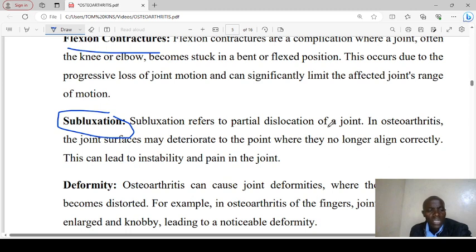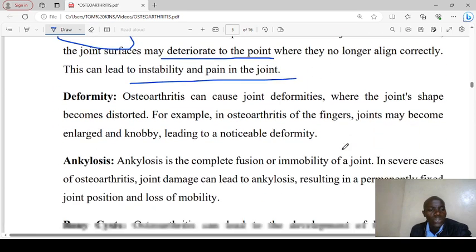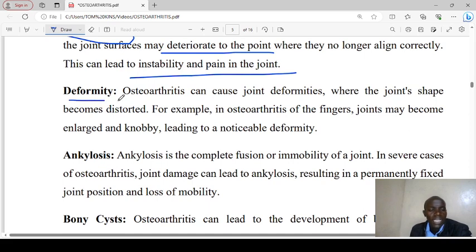In osteoarthritis, the joint surfaces may deteriorate to the point where they no longer align correctly. This can lead to instability and pain in the joint. We also have deformity, and osteoarthritis can cause joint deformities where the joint shape becomes distorted. Remember, the joint space has narrowed because of additional new bone growth.